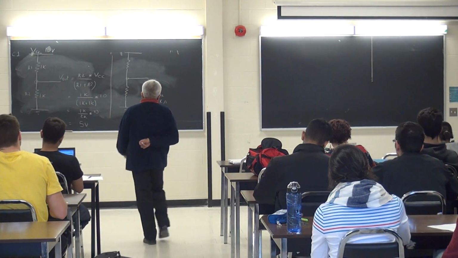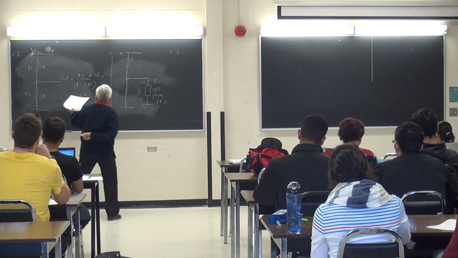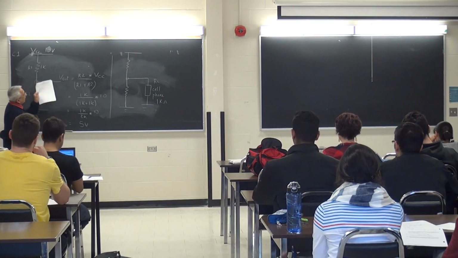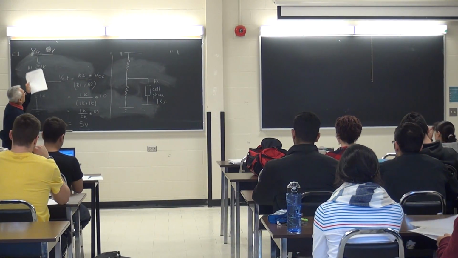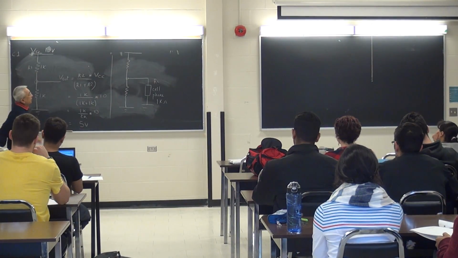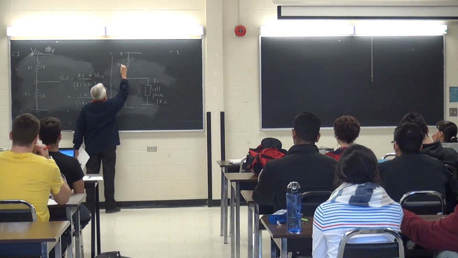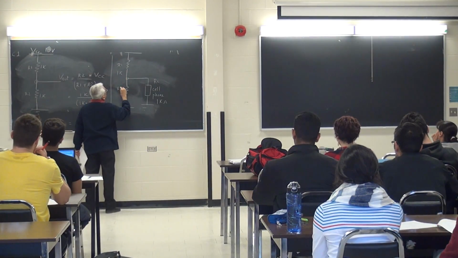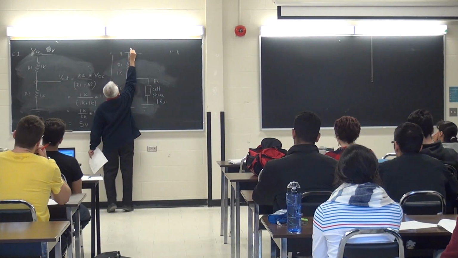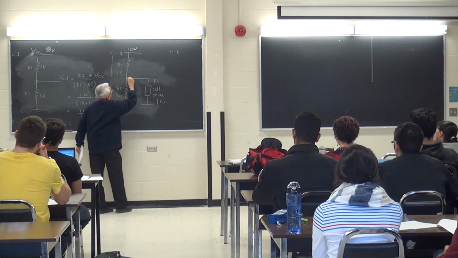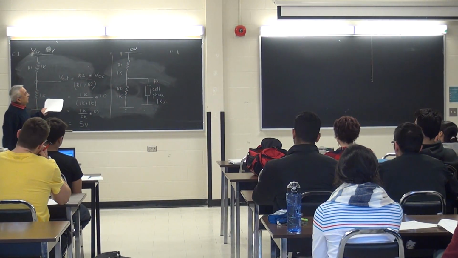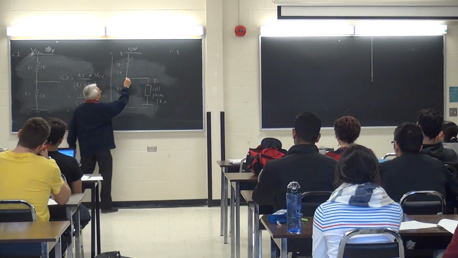So the plan is that I want to use this 5 volts that's available to me based on the voltage divider circuit, R1 1K, R2 1K, and 10 volts here. I saw in case 1 that I get 5 volts out here.